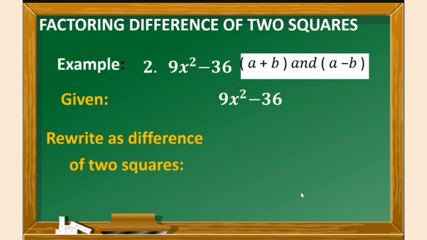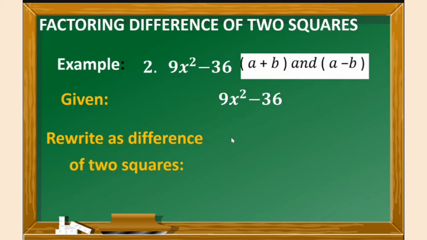How about x squared? What is the perfect square of x squared? Zero. X squared? No, hindi po 0. X, ma'am. Okay, very good. So therefore, the perfect square of 9x squared is 3x.